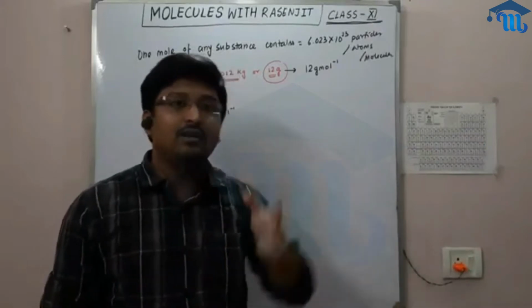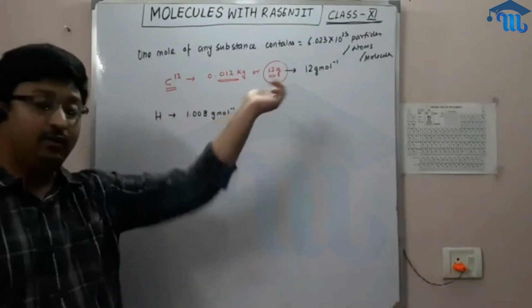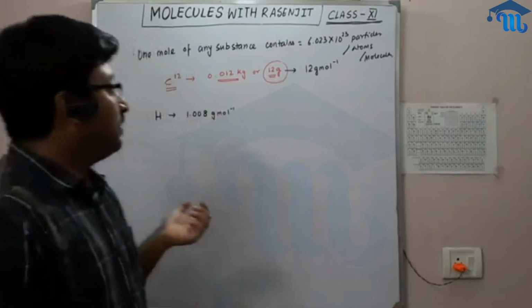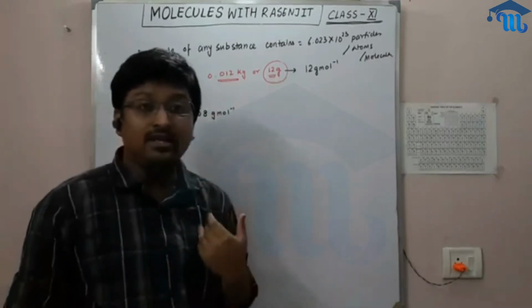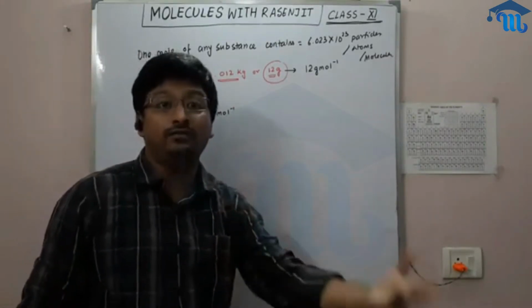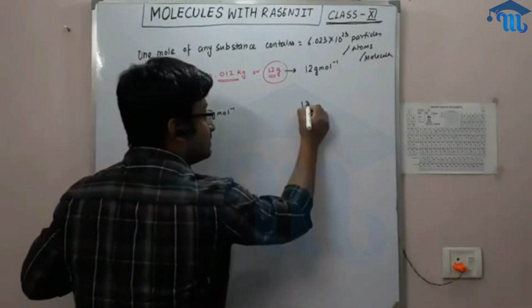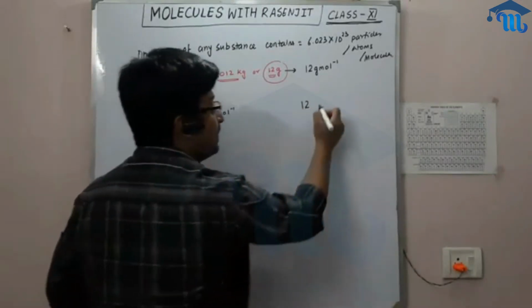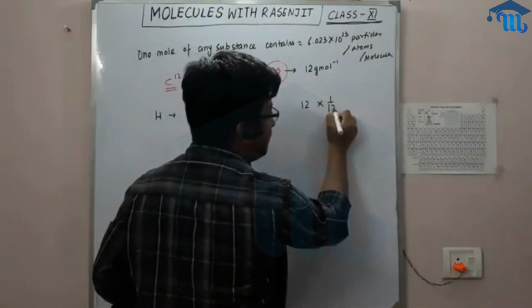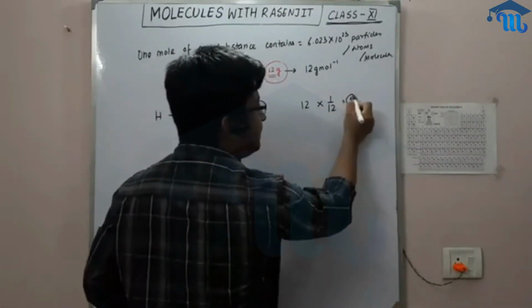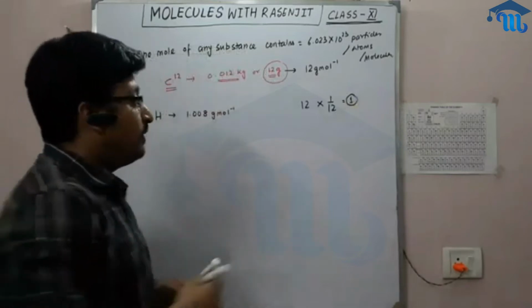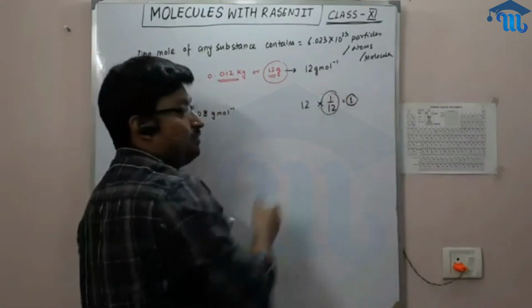But in the modern way, we define it with respect to C12, how many times 1 by 12 of the carbon. If carbon has atomic weight 12, then 1 by 12 of it is 1.